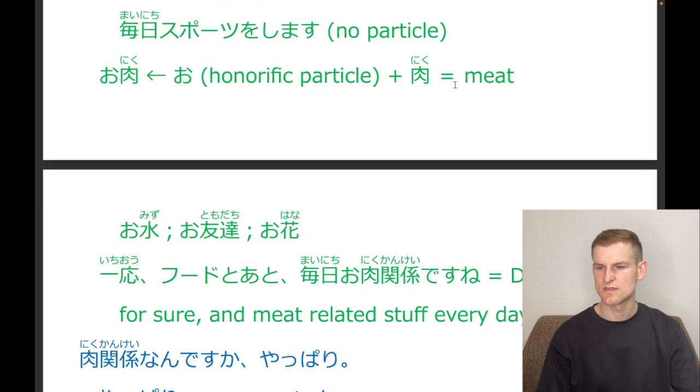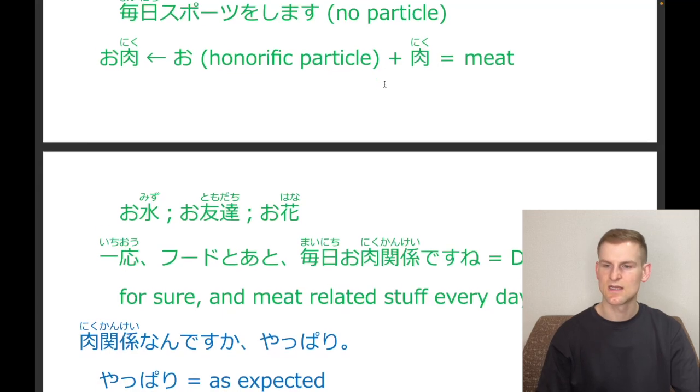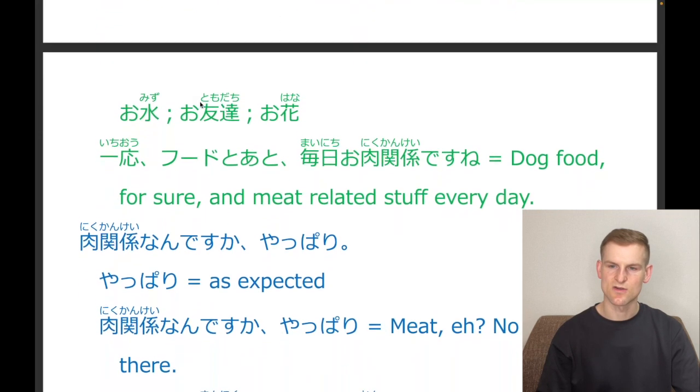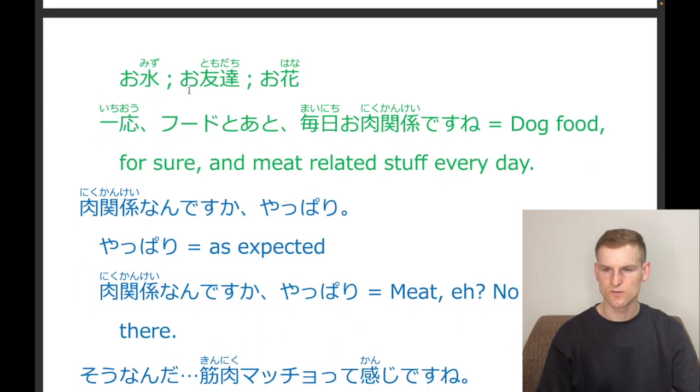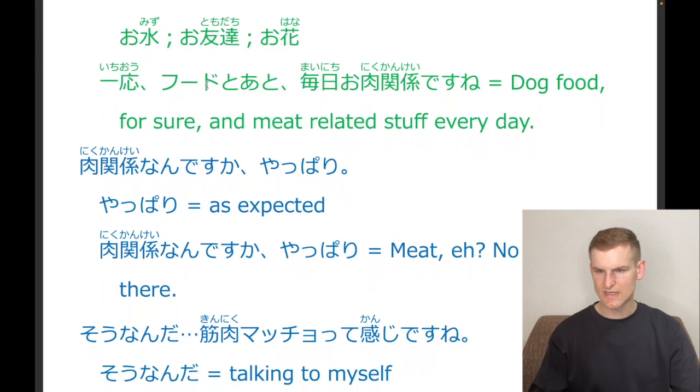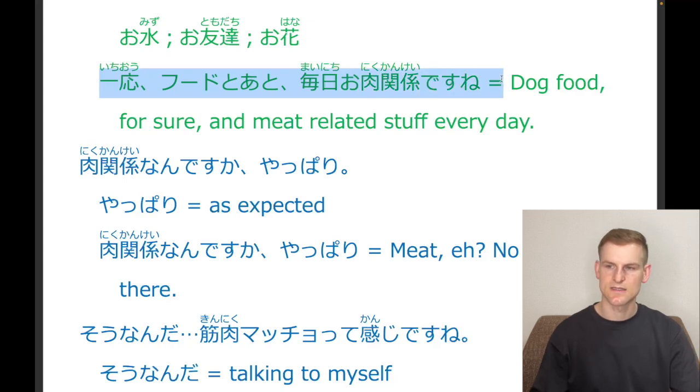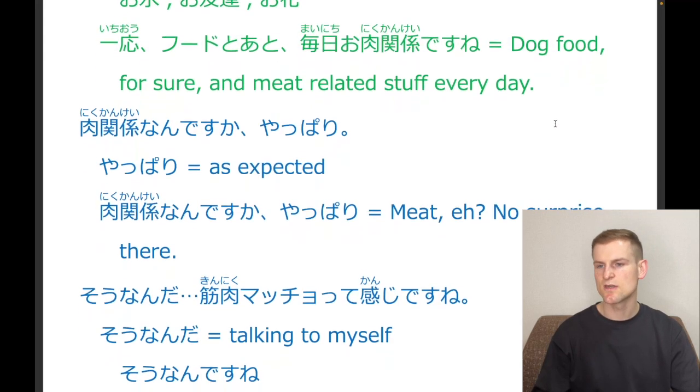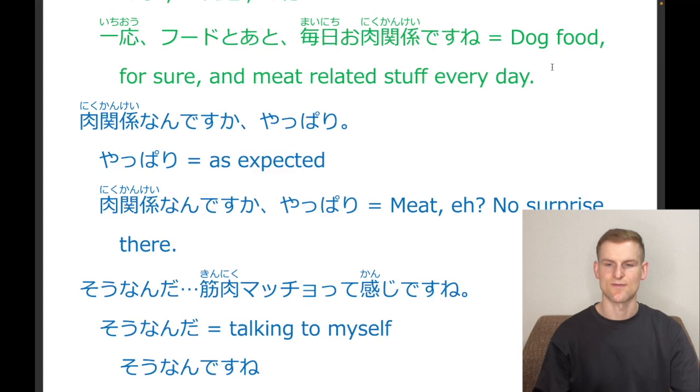It's very, very common to add the honorific to meat. There are other words that are very common with it. お水, for example, water. お友達, friend. お花, flower. You don't need it, but it's pretty commonly used in these cases. Put everything together. 一応フードとあと毎日お肉関係ですね. So dog food for sure, and meat related stuff every day.